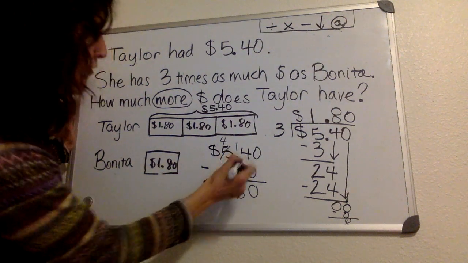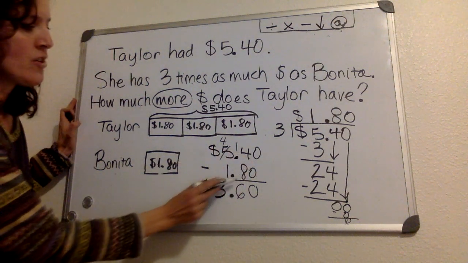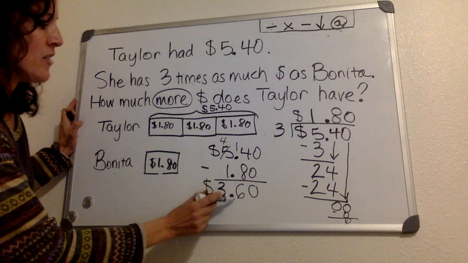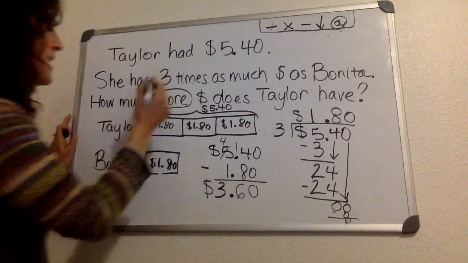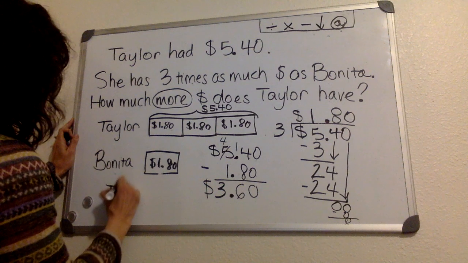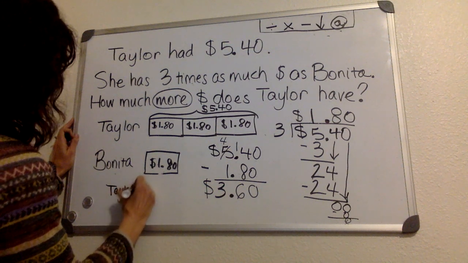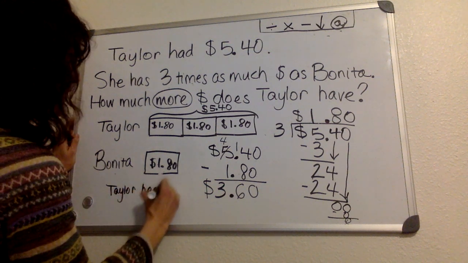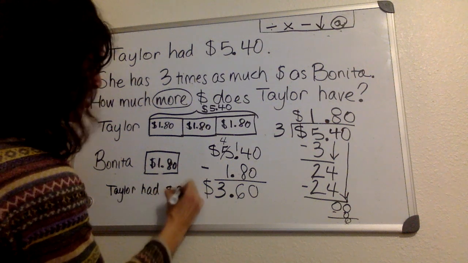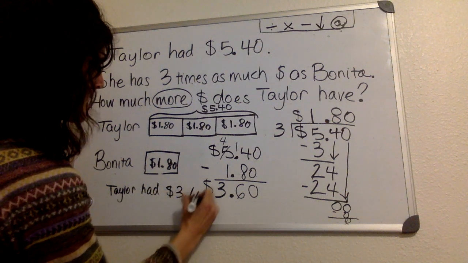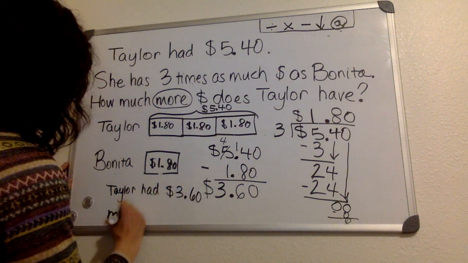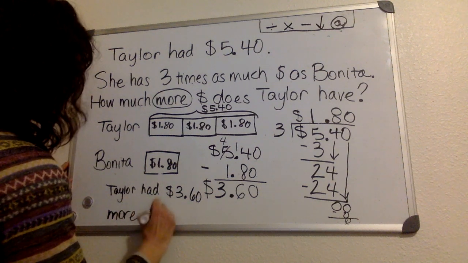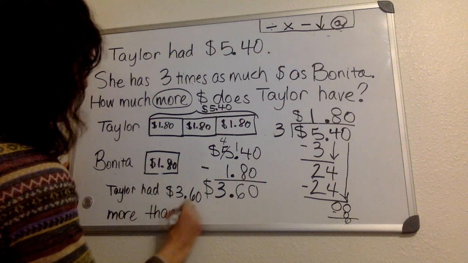All right, so $5.40 minus $1.80 is $3.60. Taylor had $3.60 more than Bonita.